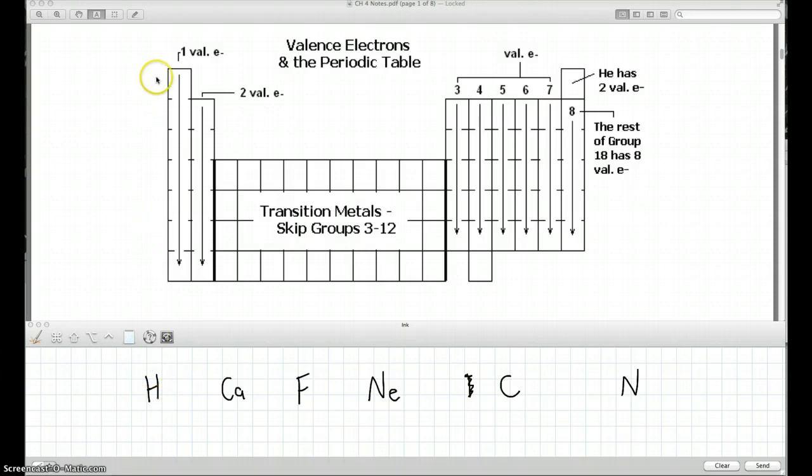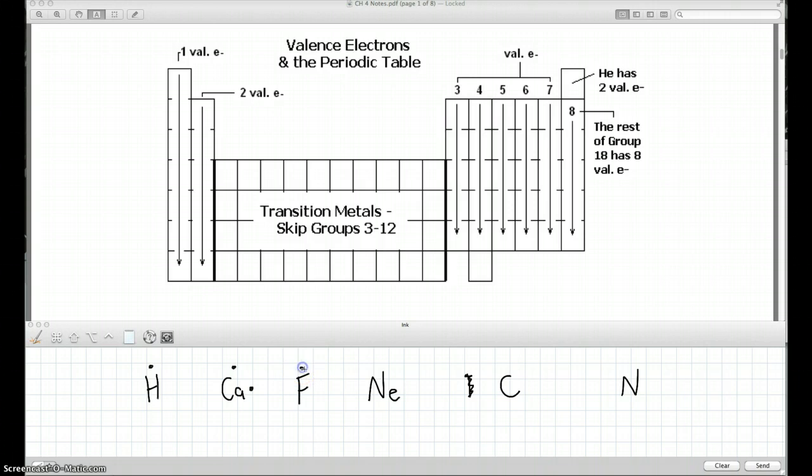So hydrogen, we find hydrogen. Hydrogen is right in the first spot, so it's in the first column, so it gets 1 dot. Calcium is in the second column, and it's going to get 2 dots. Fluorine is in the 7th column over here, so it's going to get 7 dots. And you're going to want to watch how I put the dots on there.